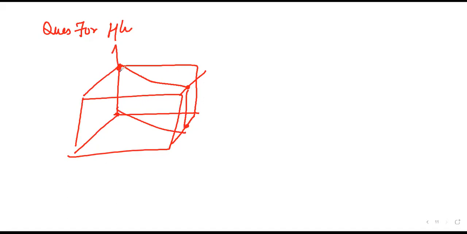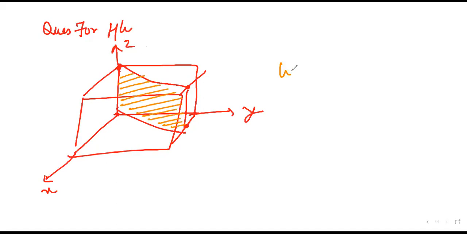This is your plane. Write the Miller indices for this plane.